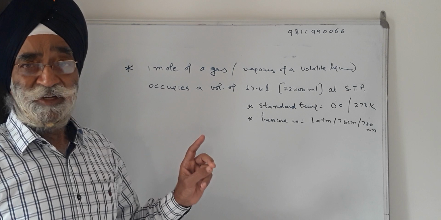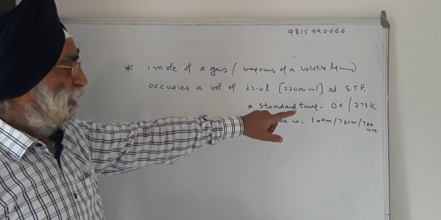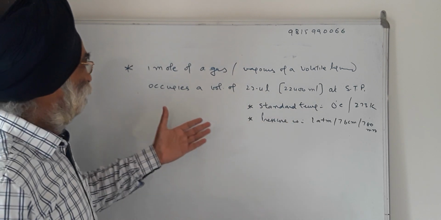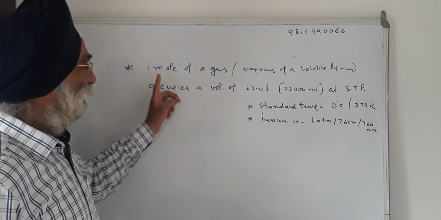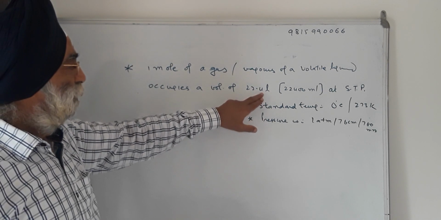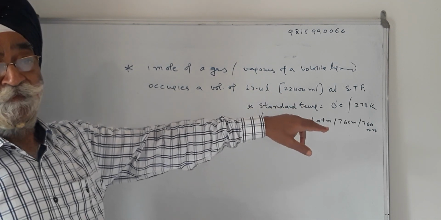When a gas is maintained at 273 Kelvin and under a pressure of 1 atmosphere, 1 mole of it will occupy 22.4 liters, or multiplying by 1000, 22,400 milliliters.